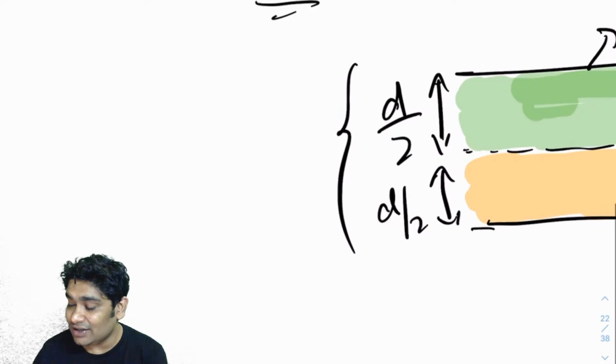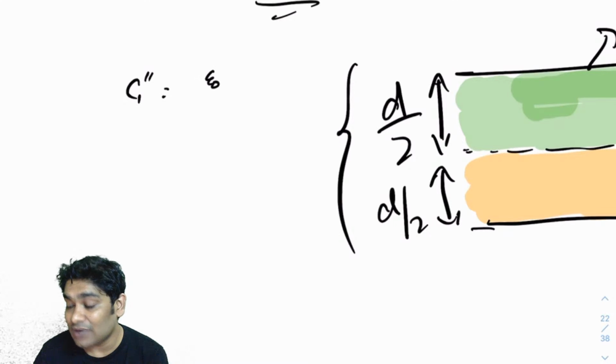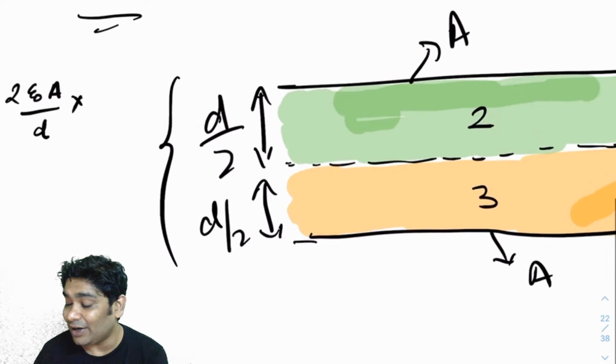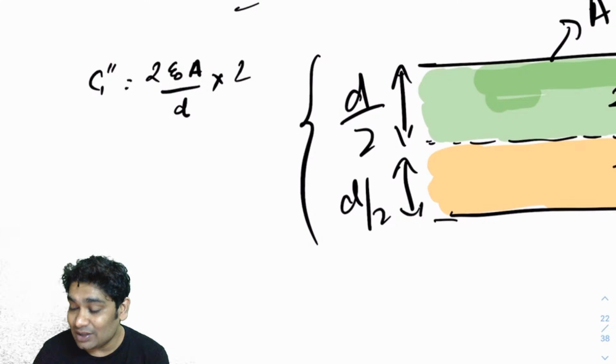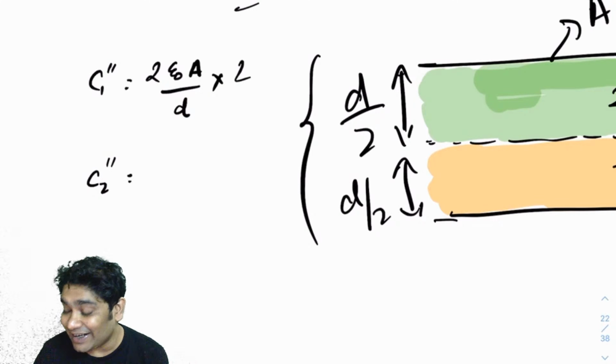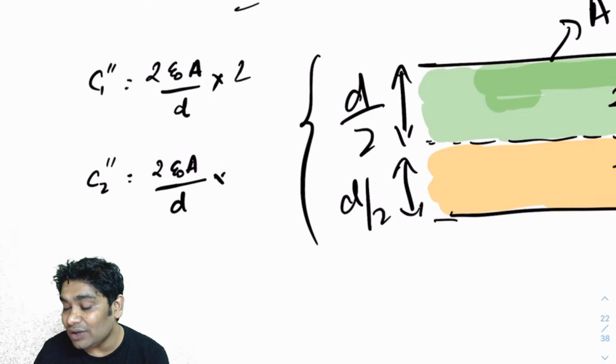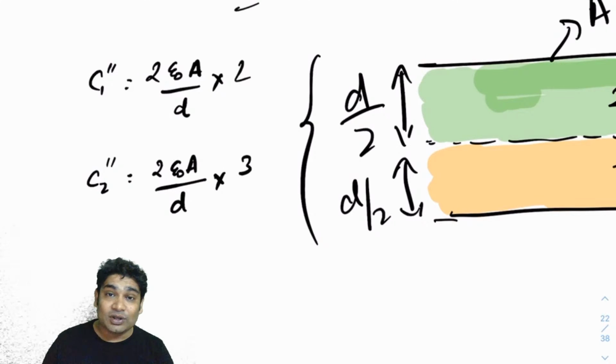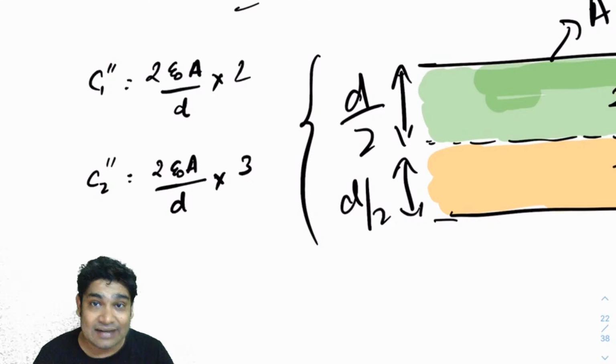From here I will see that C1 double dash is nothing but epsilon naught A over d by 2. So this becomes this into the dielectric constant 2. Similarly, C2 double dash is again 2 epsilon naught A over d into the dielectric constant 3. Alright, so this is what my C1 and C2 double dash are.